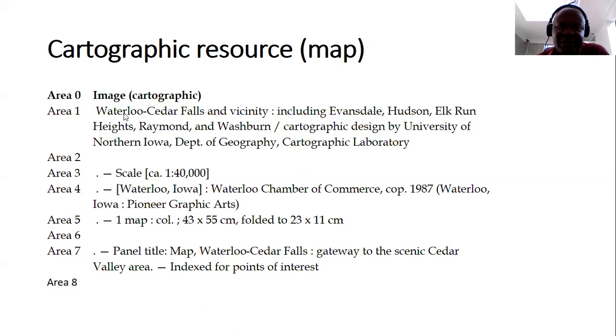Then area 1 will follow area 2. Maps don't have edition statements, but in case you get a map with one, we'll record it there. And then area 3 is the new area we shall be handling. And you can see how this looks for a map. And then the other areas are recorded the way we have been recording them.